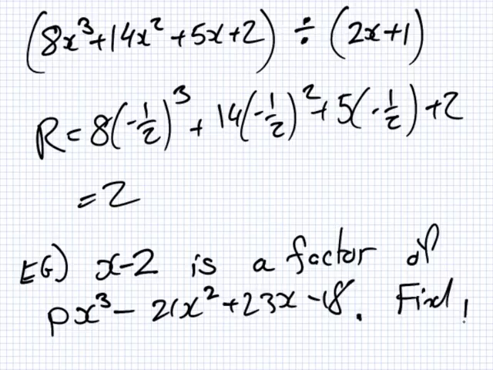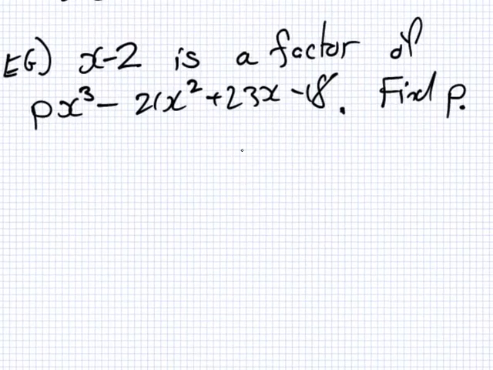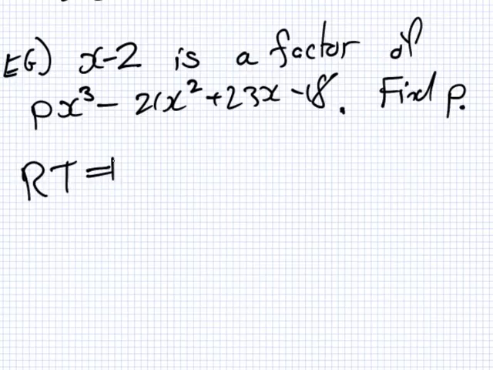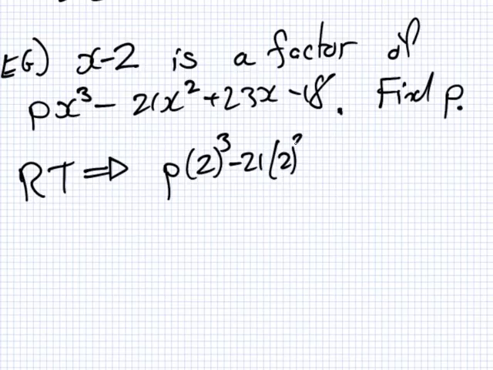Find p. Because x minus 2 is a factor, that means you know the remainder is 0. So if you use the remainder theorem, that means p times 2 cubed minus 21 times 2 squared plus 23 times 2 minus 18 should equal 0.